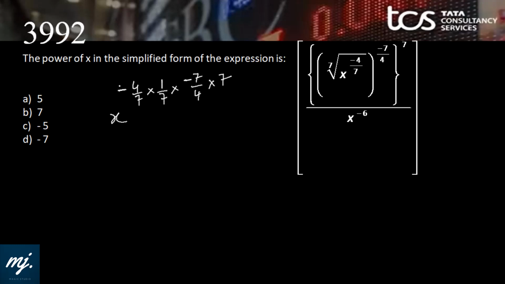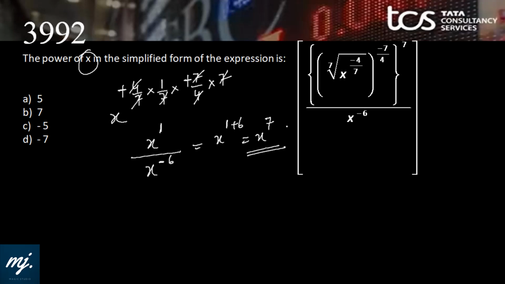So minus minus becomes plus, 4 4 cancel out, 7 7 7 7, everything cancels out. That means in the numerator it is x to the power 1 divided by x to the power minus 6. So that would be x to the power 1 plus 6. So the simplified value of this expression is x to the power 7. The power of x we are looking for is 7. That is in option B.